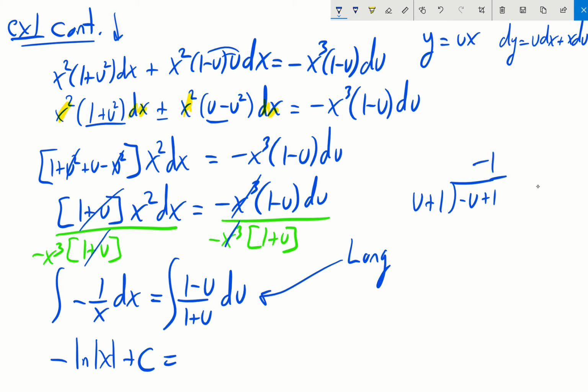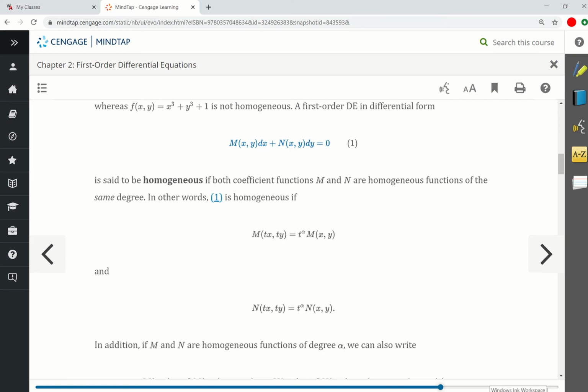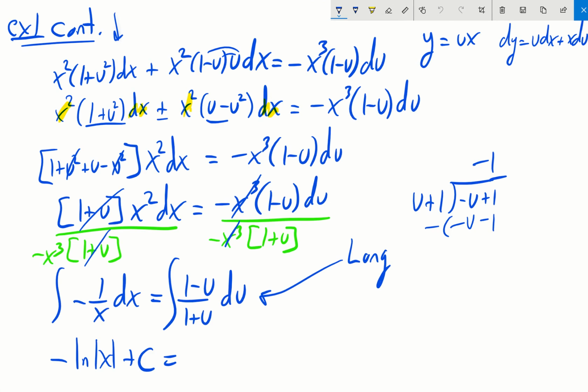U plus 1 will go into negative u plus 1 negative 1 time. This will give us negative u minus 1, and then we subtract. So it goes in negative 1 time, we subtract, the subtraction is addition of the opposite, these cancel and we get 2.